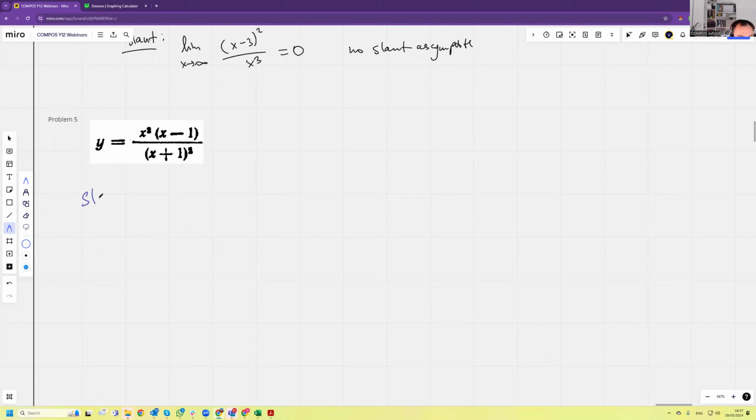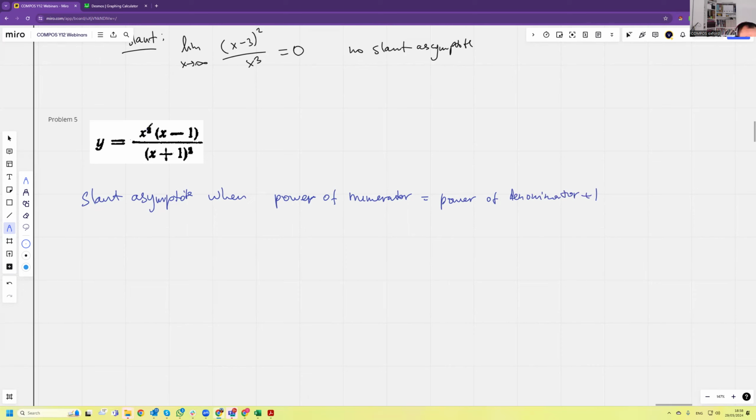Slant asymptote: when the power of the numerator is equal to the power of the denominator plus 1.